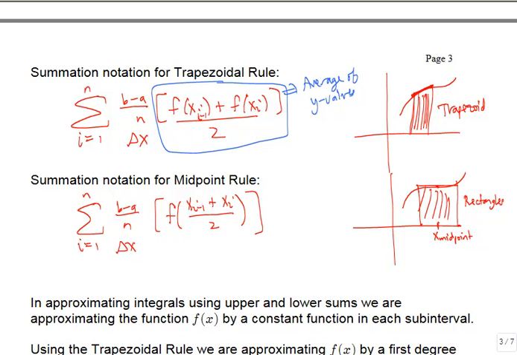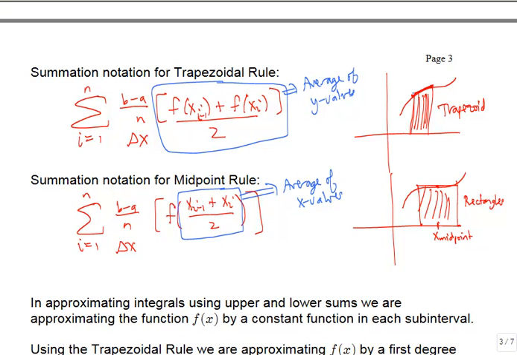So here, this is also an average, adding two things up and dividing by 2. But what we're doing here is we're averaging the x values instead of the y values.